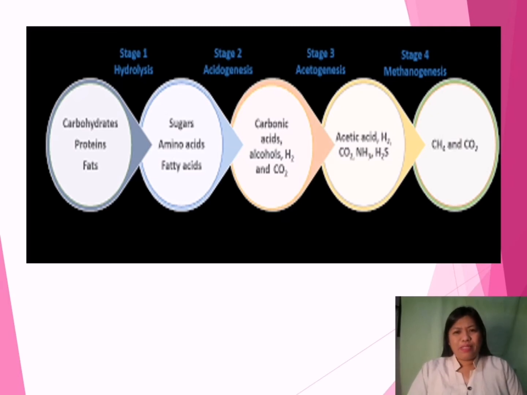By acetogenesis, we have acetic acid, hydrogen, carbon dioxide, and ammonia. And for stage 4, we have methanogenesis.